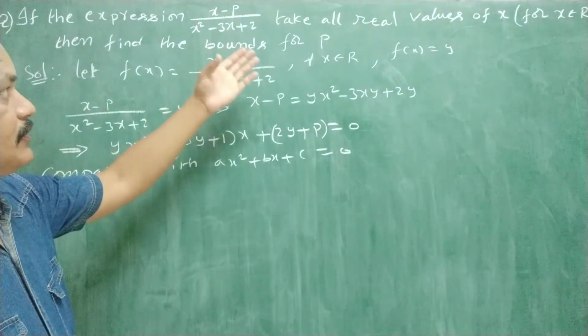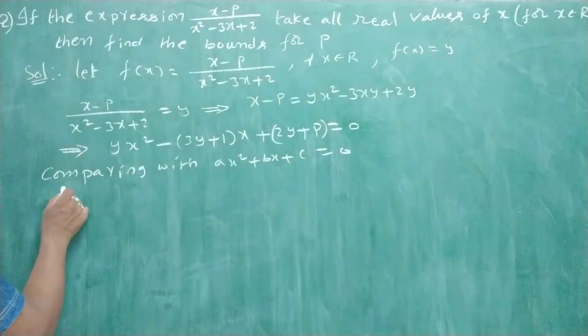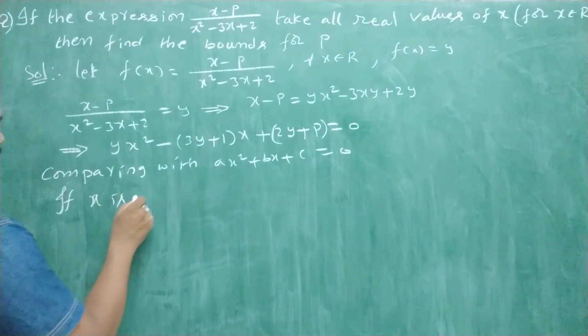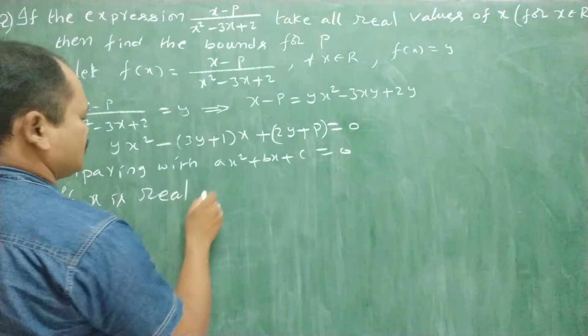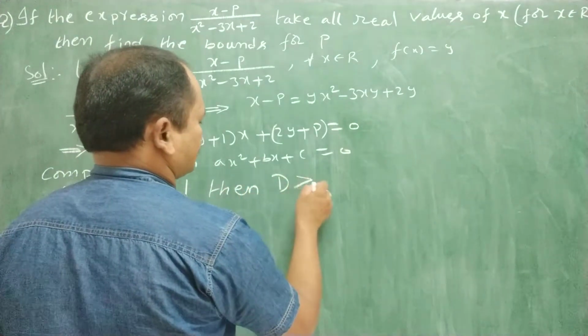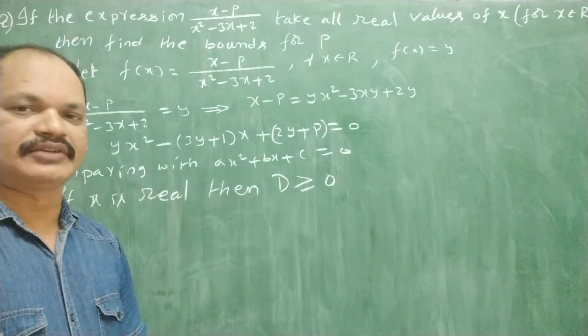Now, for x to be real, the discriminant must be greater than or equal to 0.